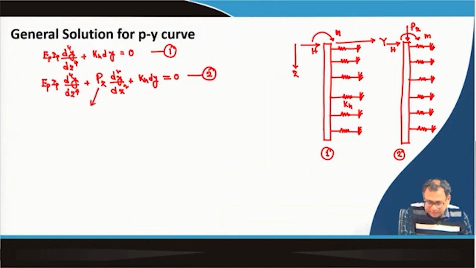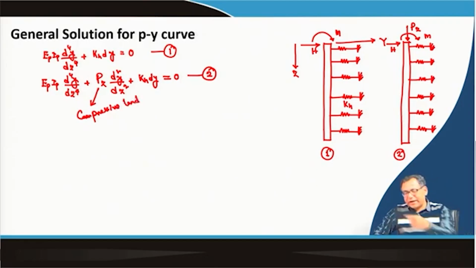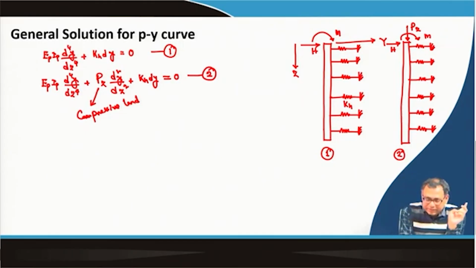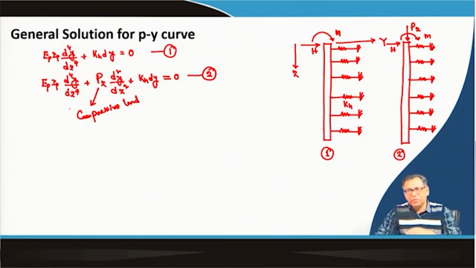Here Pz is the compressive load which is acting on the pile along with the lateral or horizontal load H. This second one is a more generalized equation, because the effect of compressive load is also included, and if you put minus Pz, it will be tension under uplift. But here we are talking about compression.